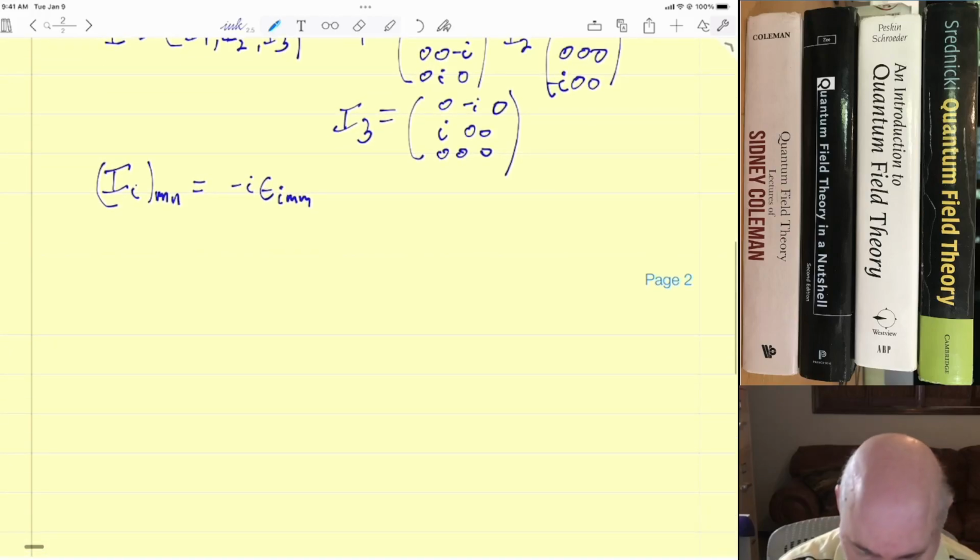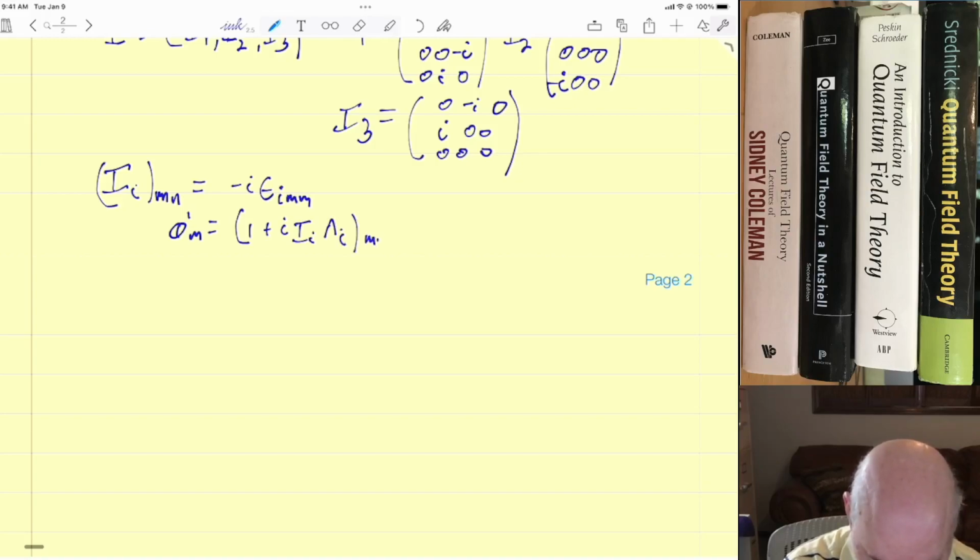So infinitesimally we can show this as just phi prime m is equal to 1 plus i lambda I mn phi n, which is equal to delta mn plus epsilon I mn lambda I times phi n.